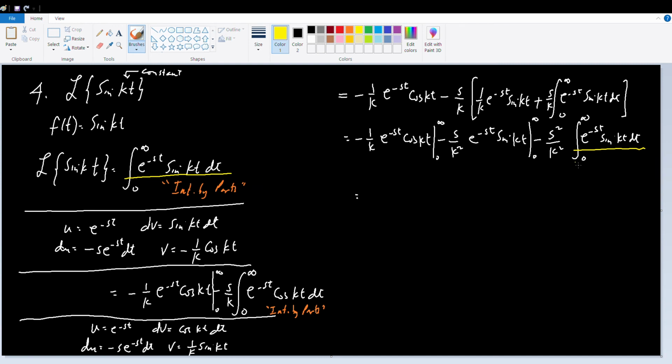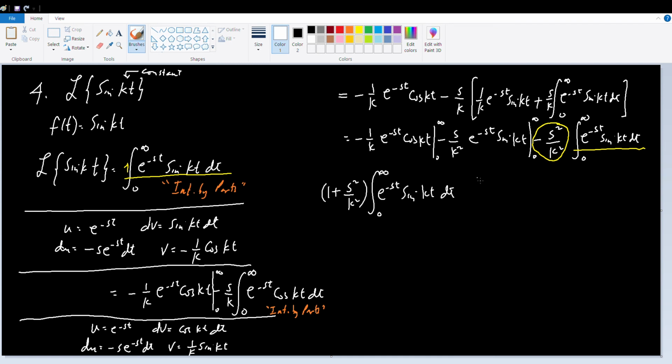So what we do is we transpose this to the other side. At the left side, it is e to the negative st sine kt dt. The coefficient actually is 1. So we have to add this coefficient. It becomes 1 plus s squared over k squared integral of e to the negative st sine kt dt from 0 to infinity.